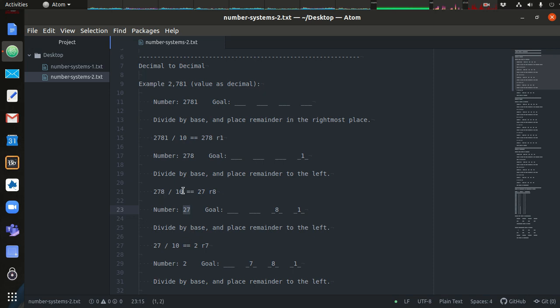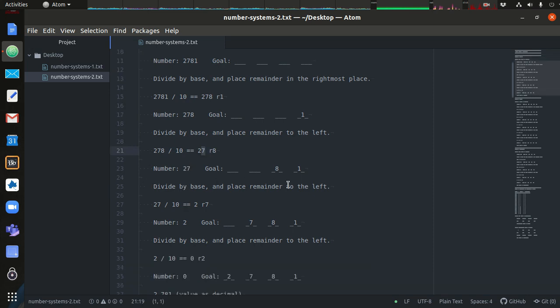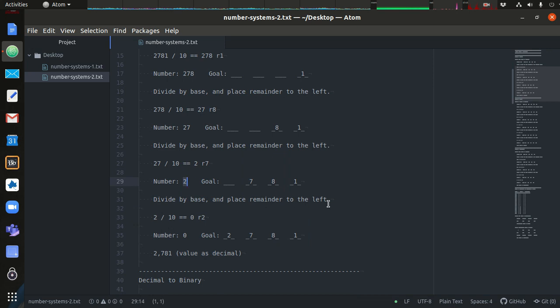So we pull down the quotient, 27, and that's our new number, and divide by the base and place the remainder to the left. So 27 divided by 10 gives us 2 with 7 left over, so the remainder comes down here, and then our new number is 2. All right, divide by the base, place the remainder to the left. 2 divided by 10 is 0, and the remainder is 2, so we place the 2 there. And our number is 0, so that's how we know we're finished.